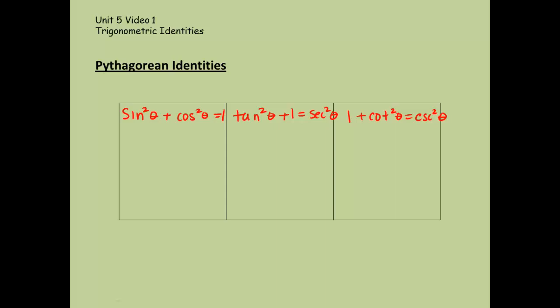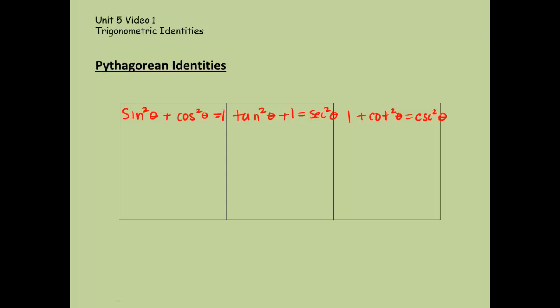So what I'm going to ask you to do with the rest of these boxes in this table is to actually rewrite these using some algebra. In this chapter, we're going to be doing a lot of manipulation, so we're going to have to be able to see the Pythagorean identities from different perspectives.